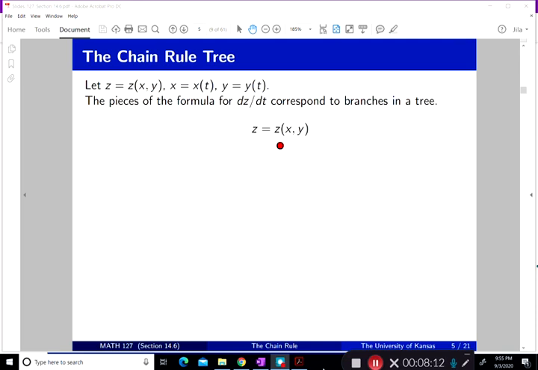But when the chain rule gets more complicated, you basically have to know all the branches and all the terms, and the tree helps understand those branches. Okay, so let z be a function of x and y, x a function of t, y a function of t. The pieces of the formula for dz/dt correspond to the branches in the tree.